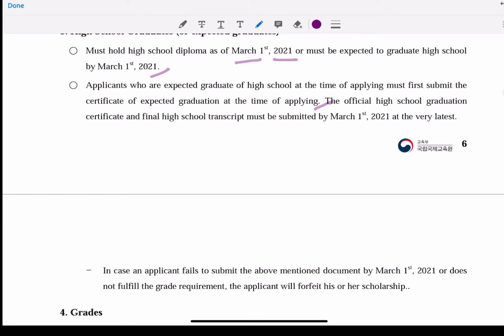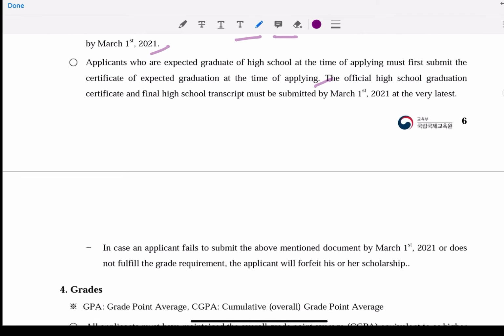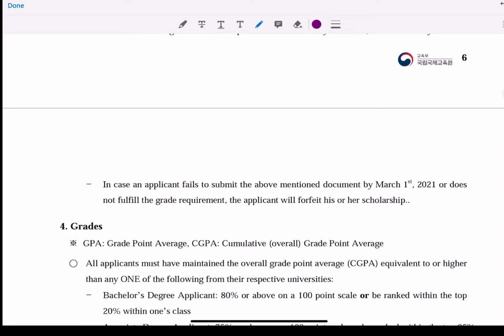So this is clearly mentioned, so you don't need to be confused on this. In case an applicant fails to submit the above mentioned document by March 1st, so you read it as 2022, or does not fulfill the grade requirement, the applicant will forfeit his scholarship. So though you win the scholarship, if your graduation certificate does not have this date, then you are definitely not eligible. Your scholarship will go away.